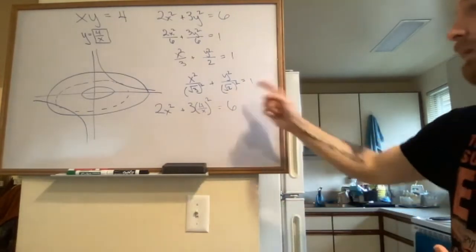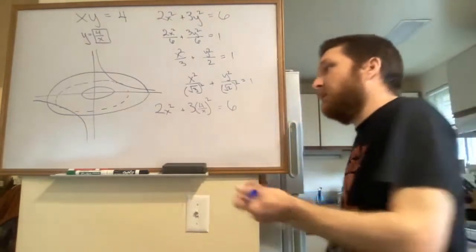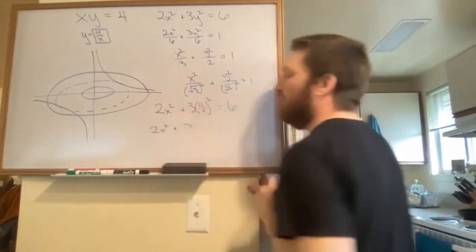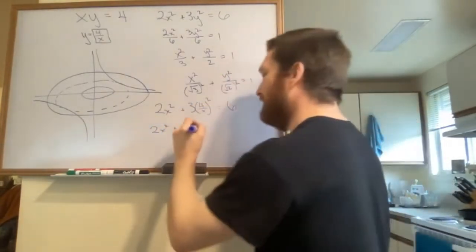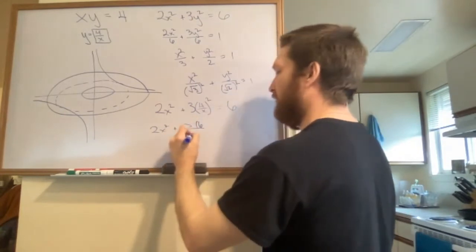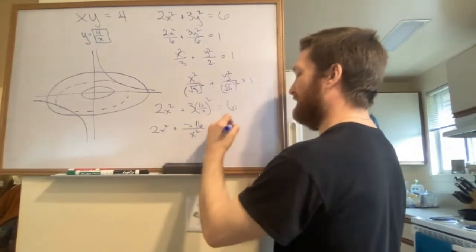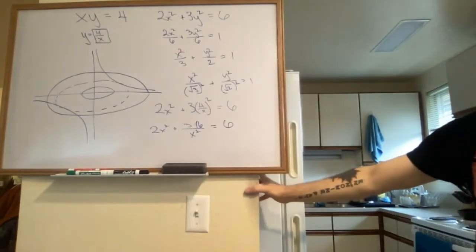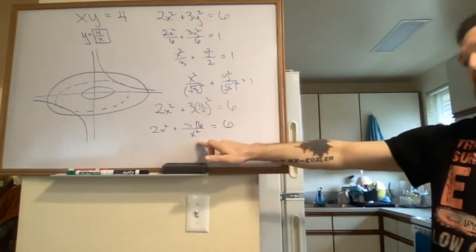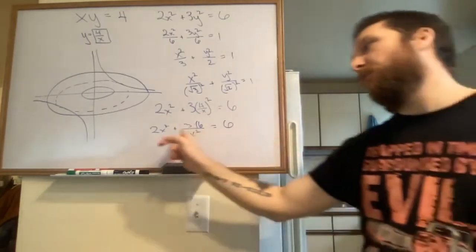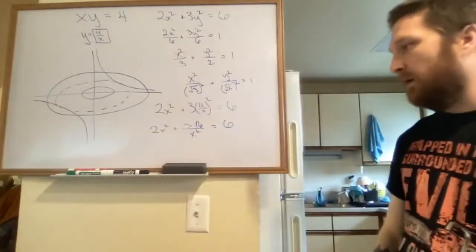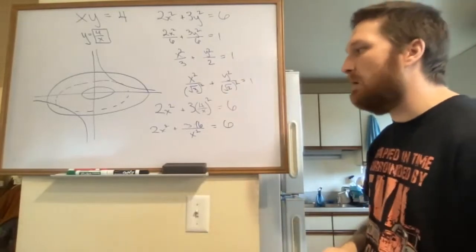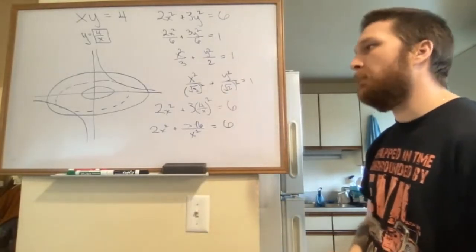So we have 2x squared plus 3 times 4 squared, which is 16 over x squared, equals 6. And then I see I have an x in the denominator, so I'm going to multiply everything through by x squared, and so on and so forth. You've done a bunch of these now, you know what's coming.